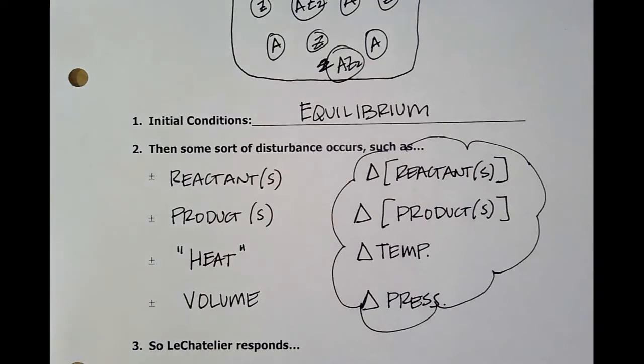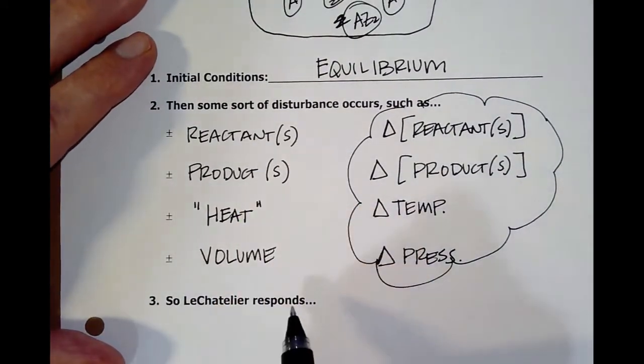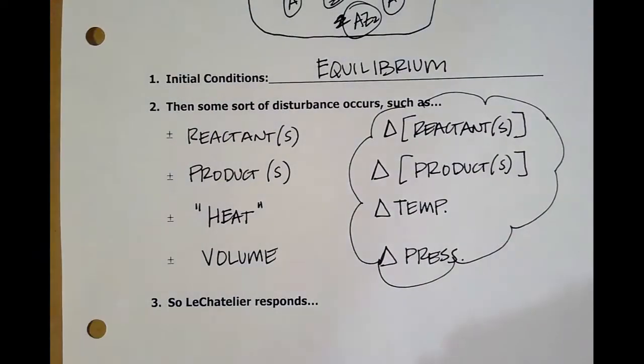LeChatelier is like one of those little kids with oppositional defiance disorder. Whatever you do, the kid tries to undo. You stack up the toys, the kid unstacks the toys. You write on a piece of paper, the kid erases the paper. That's what LeChatelier is doing. LeChatelier says, you know what? This was at equilibrium. Then you messed with it and that produced a change.